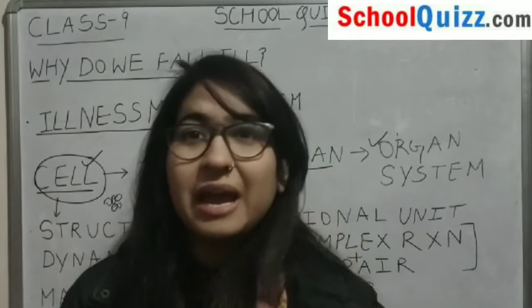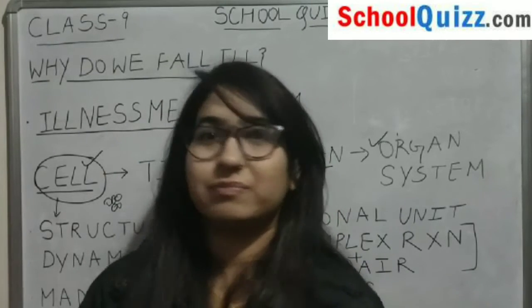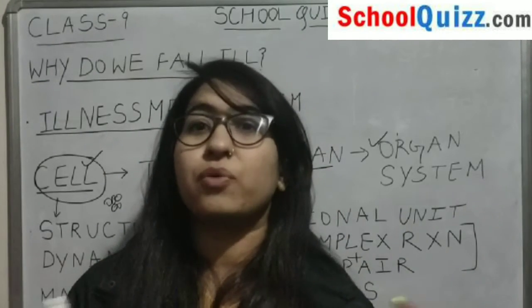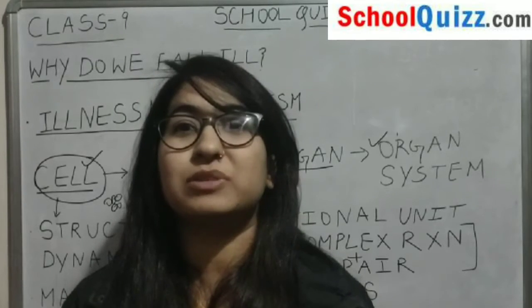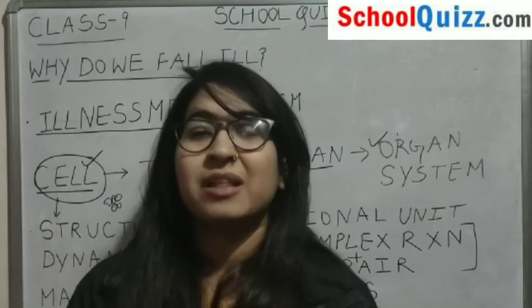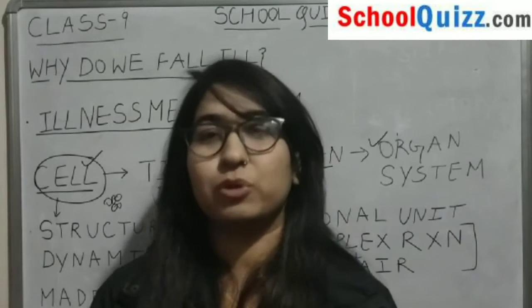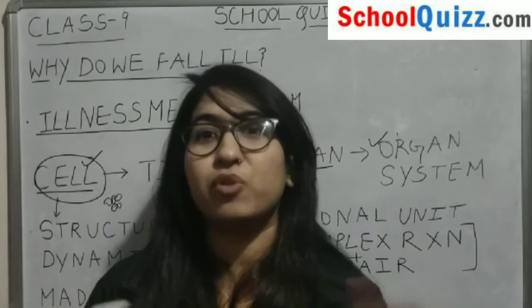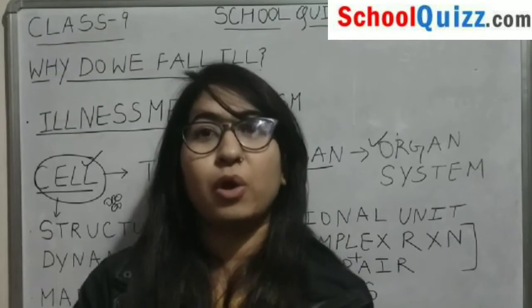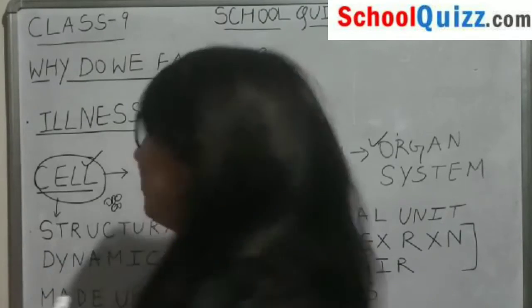Okay students? And simultaneously the process of breathing is also going on, the process of transport of blood is also going on. So all these are processes which are going on in our body 24/7.